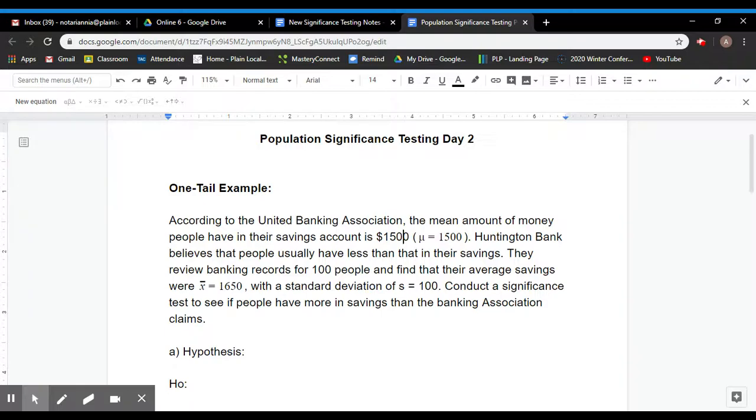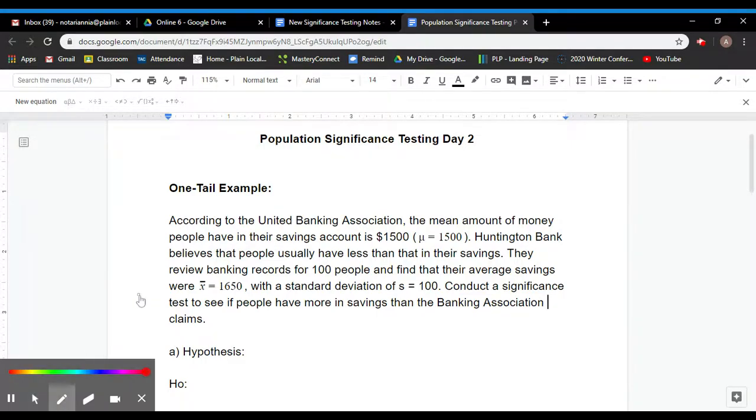So here's how you tell if it's a one-tail or a two-tail. First of all, at the very end of this prompt, it says conduct a significance test to see if people have more in savings than the Banking Association claims. This should be capital B. All right, that's how you know right there that this is a one-tail test.